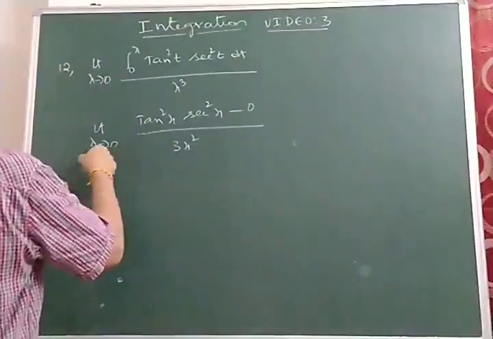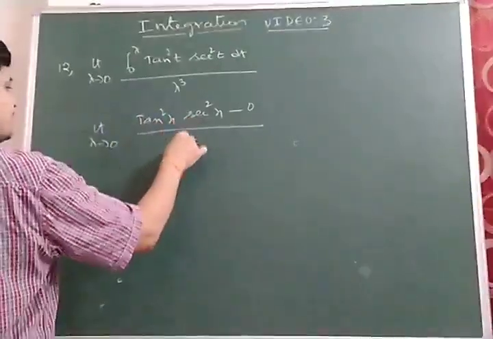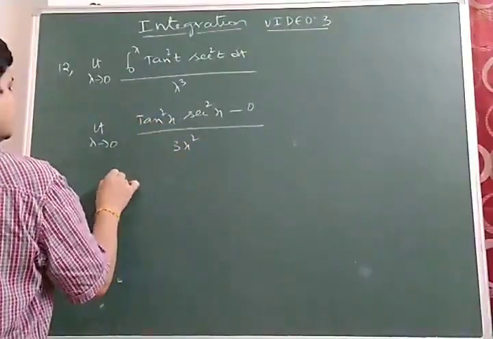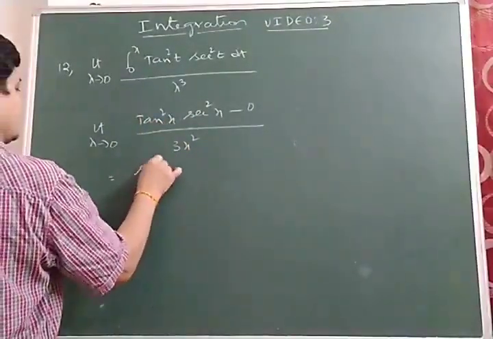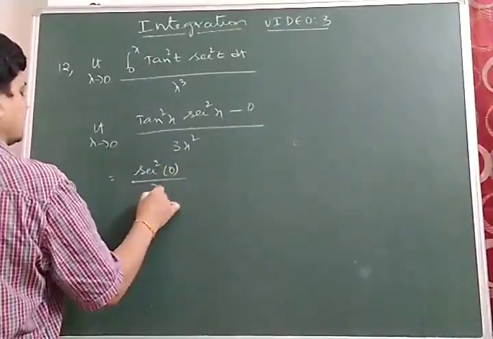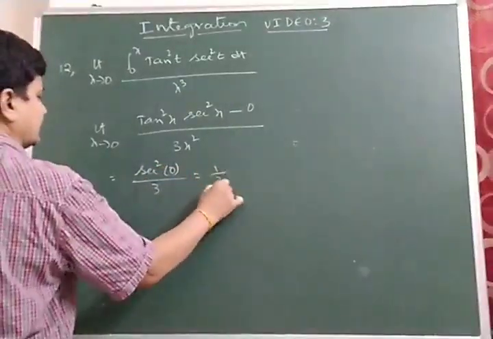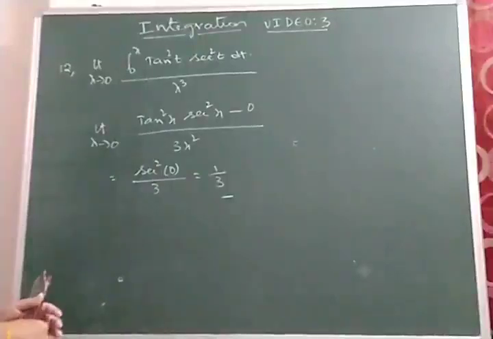Now we know that limit x tends to 0, tan square x by x square is 1. So secant square 0 by 3. That means 1 by 3, since secant 0 is 1.